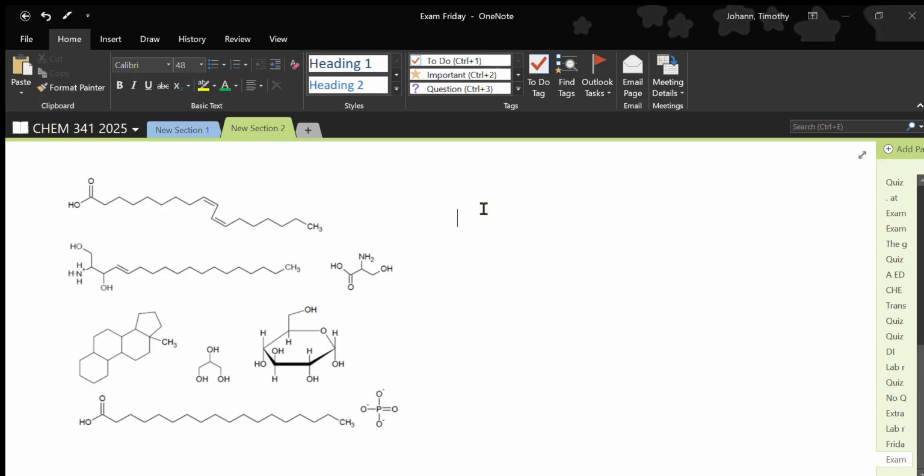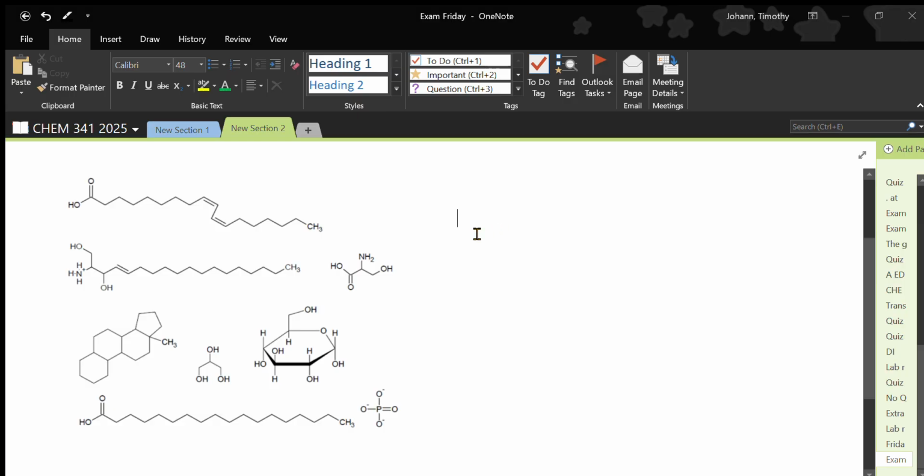So this is sphingosine. You need to know where to hook them up, right? So our bases are going to be, we're either going to have a base of a sphingosine or a glycerol, right? And then our polar head group is going to be, if we're doing a membrane lipid, either going to contain a phosphate or it's going to contain a monosaccharide of some sort. Okay. Which one is that?